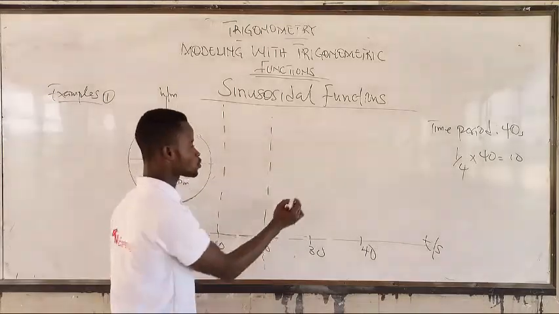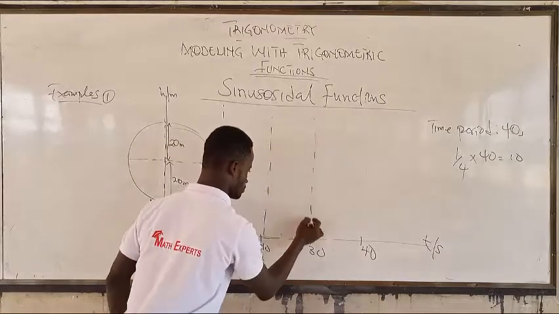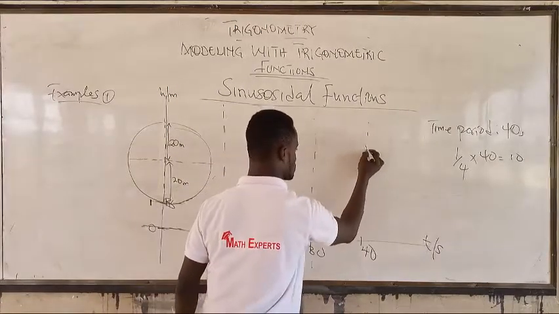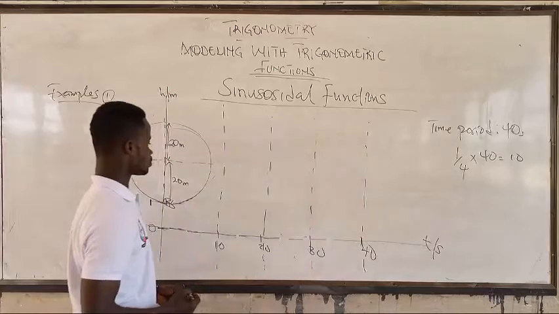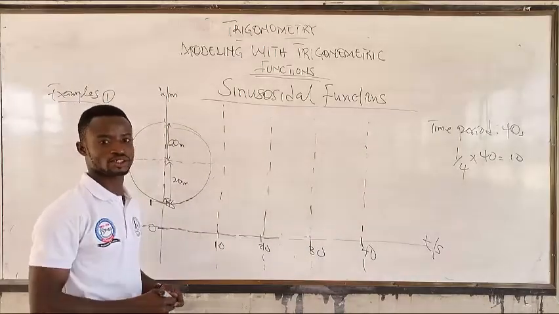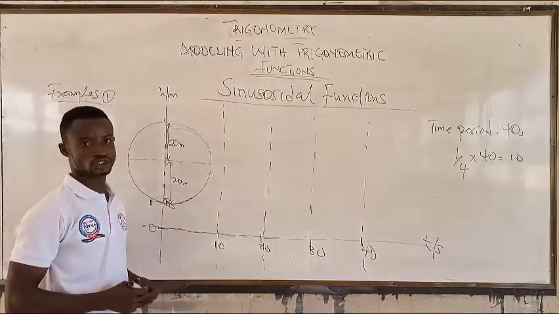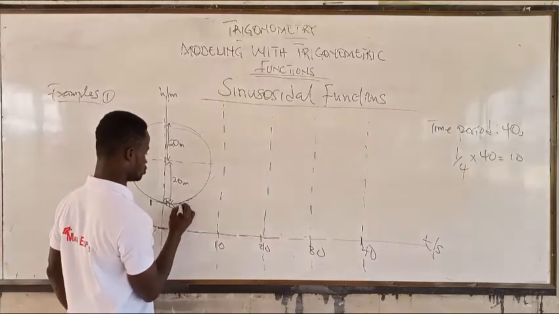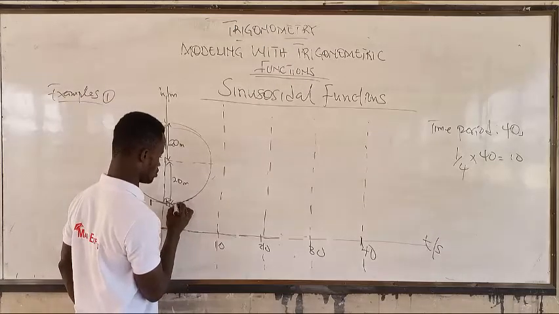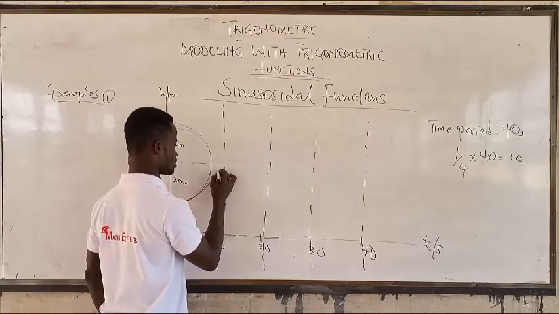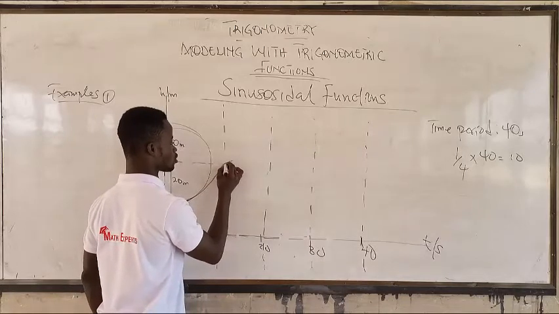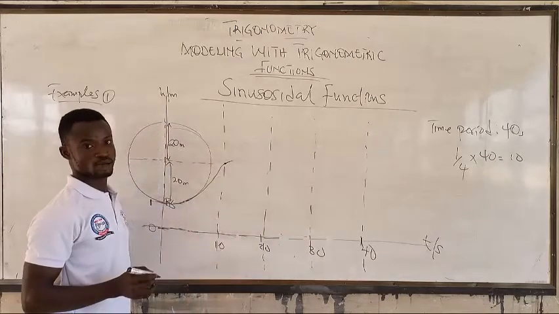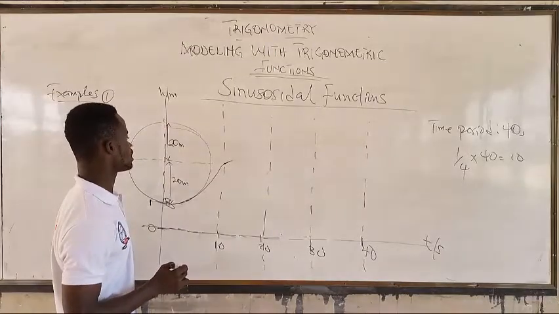Please, this is not asymptotes. Alright, very good. So it will start to rotate, moving from this to this. So there's going to be a point here.